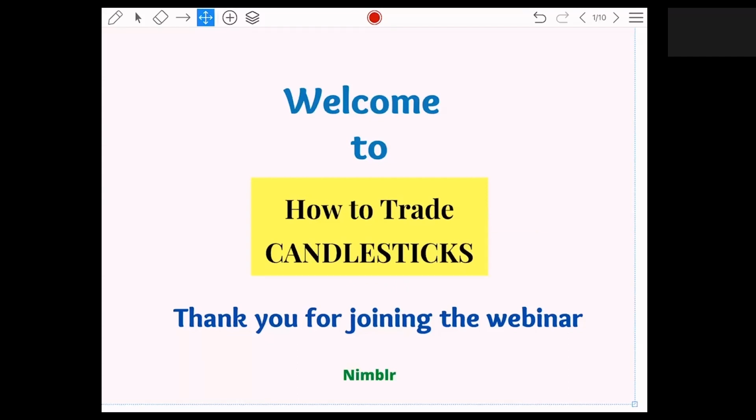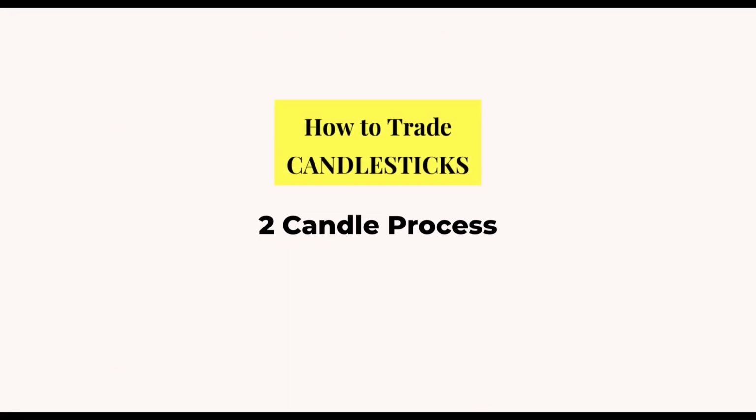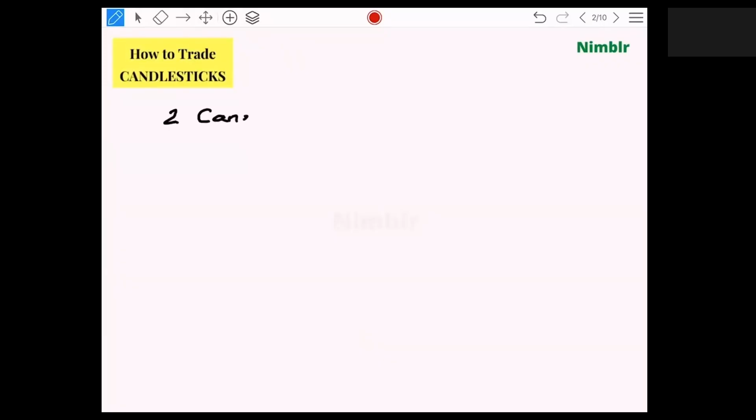I will go through the sketch of the Nimblr Candlesticks program, what basically it is about. The Nimblr Candlestick course has two candles. It's a two candle process.